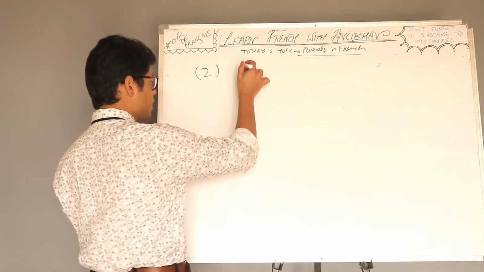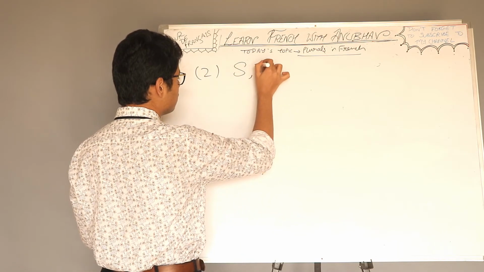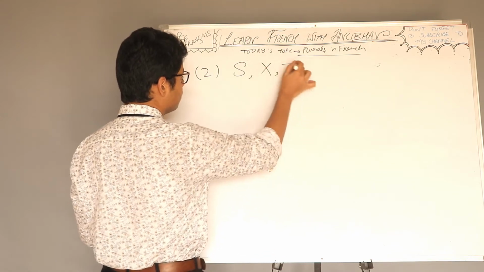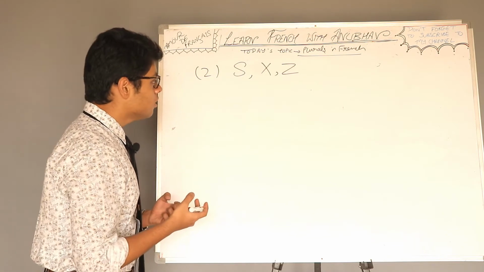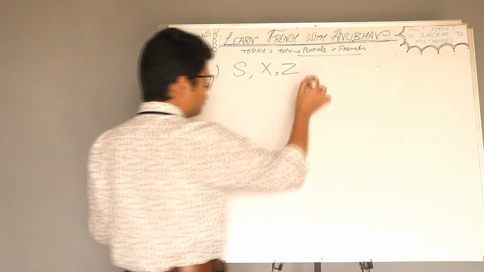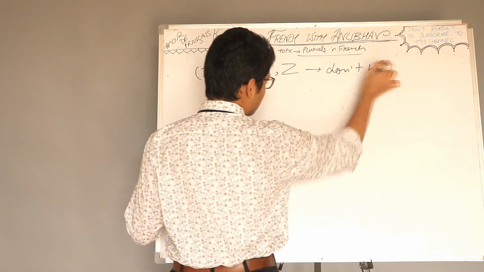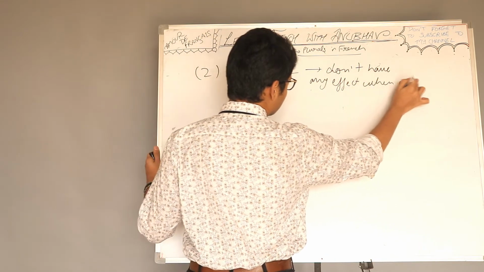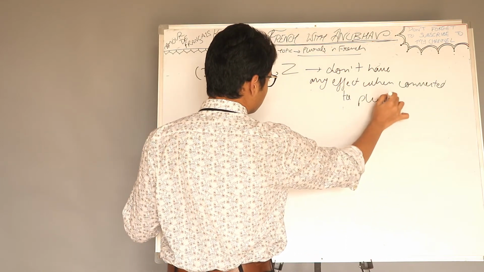There are some words in French which end with S or X or Z. The nouns which end with S, X or Z don't have any effect when converted to plural.